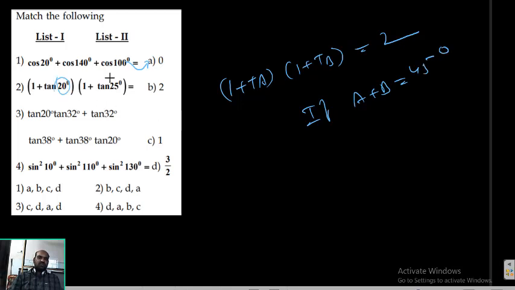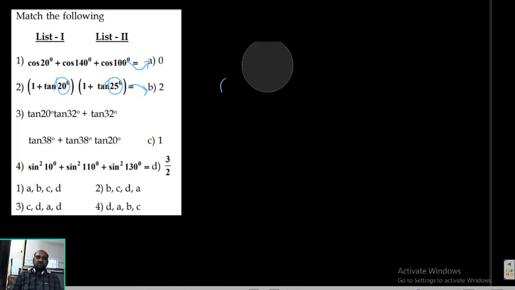Especially 20 plus 25 is 45 only, that's why the second one is matched with B. So here you can say our option is 1, because only two options are completed, A, B. Only one option starts with A, B, so I can directly say that AB is the answer for the problem, or you can verify the remaining things also.